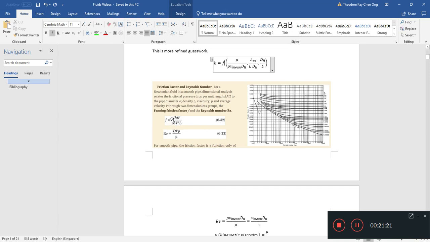And we can find k by looking at this Fanning friction factor, because again, there are many ways to group up a lot of these dimensionless quantities, and this Fanning friction factor is just one of those ways.